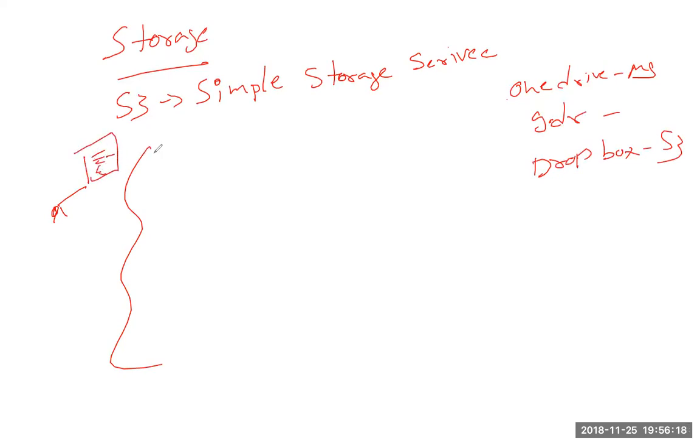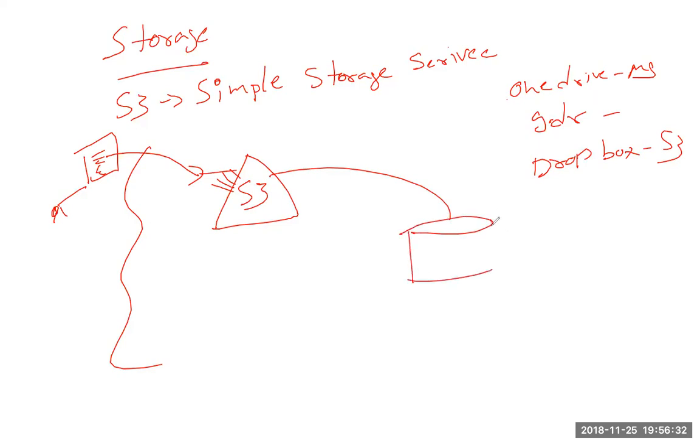The file has to be stored on the cloud. Then I communicate with the endpoints of a service called S3. So what is the end result? S3 will go and store the file on some hard disk in the Amazon data center of AWS. This is simply called the S3 service.